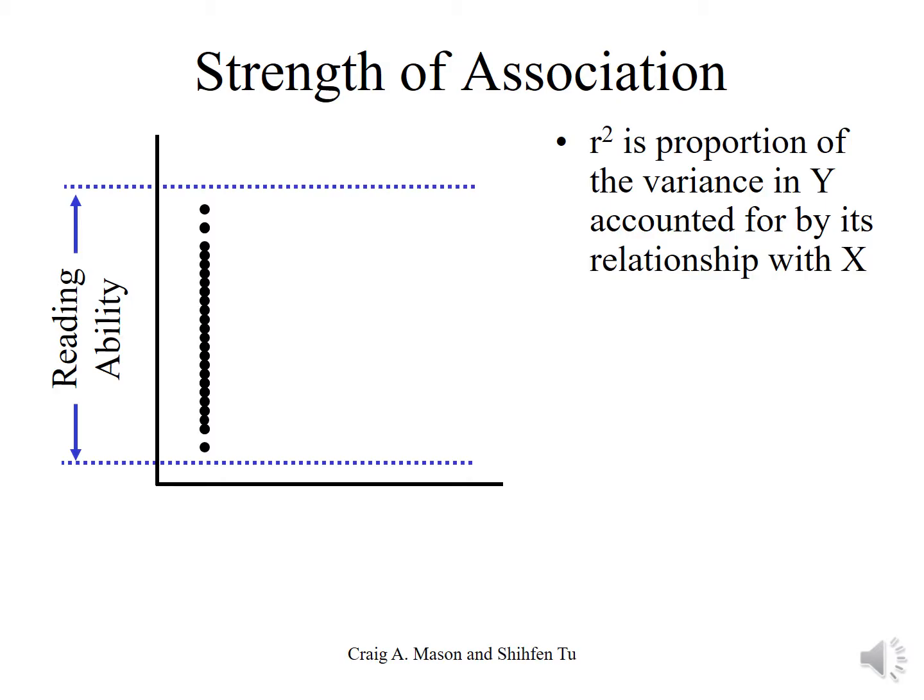But what happens if we know that child reading ability is related to the amount of time parents spend reading to their child? What would it look like if we added the amount of time parents spend reading to their child to the x-axis and created a scatter plot where each of these points is now plotted based on both parent reading time and their child's reading ability?